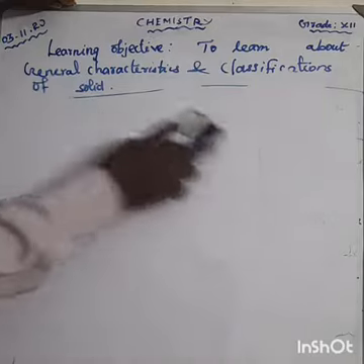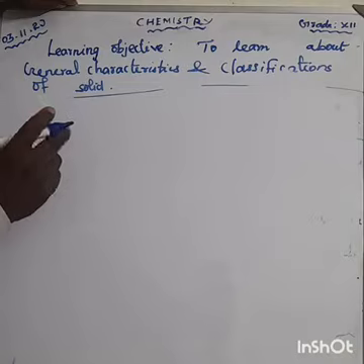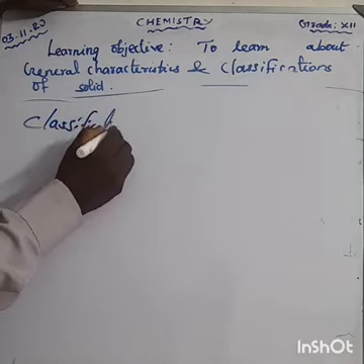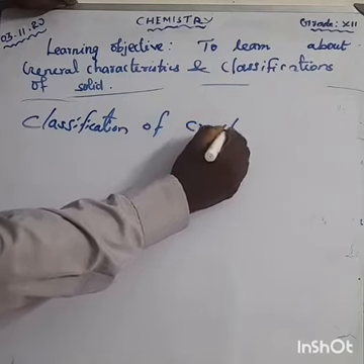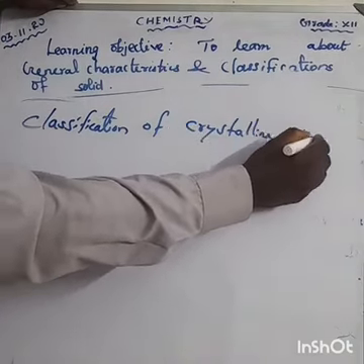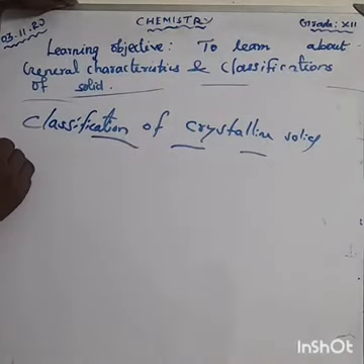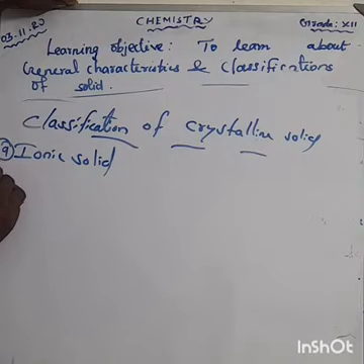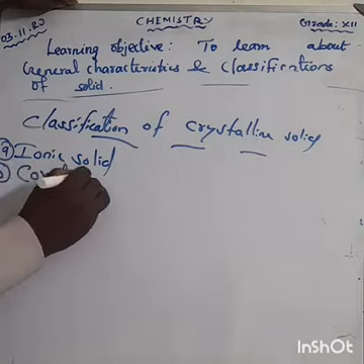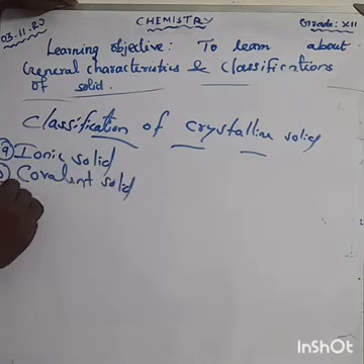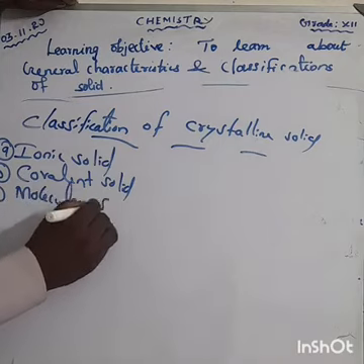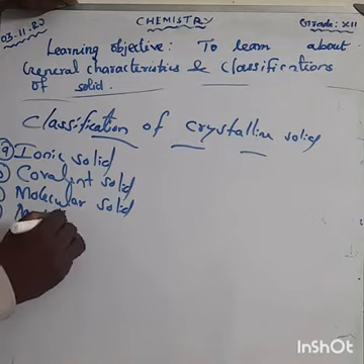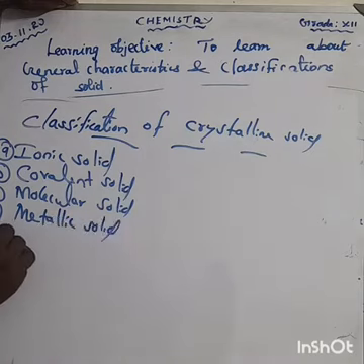The first one I discussed previously. The classification of crystalline solids: one is ionic solid, second is covalent solid, third is molecular solid, fourth is metallic solid, and fifth is atomic solid.